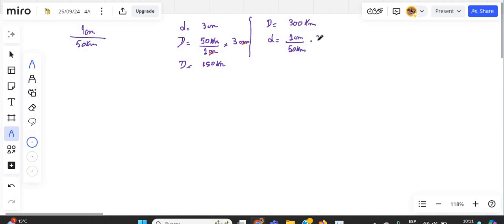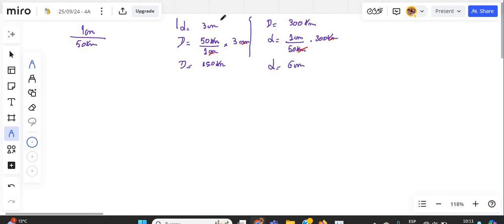When you multiply this by 300 kilometers, again, you can simplify the units, kilometers and kilometers, because one is in the numerator and the other one is in the denominator. And then the distance in the map will be measured in centimeters. The distance here will be 6 centimeters.